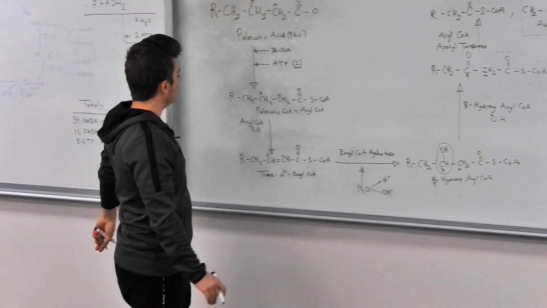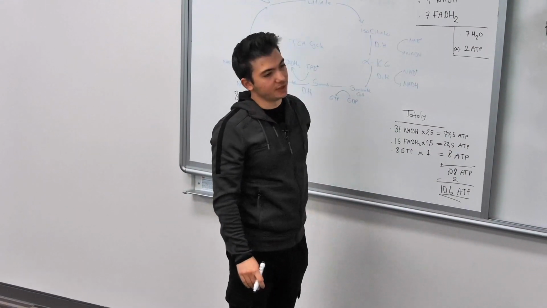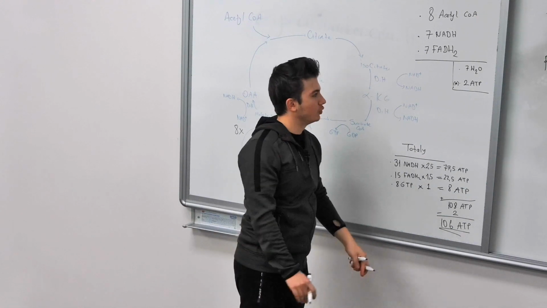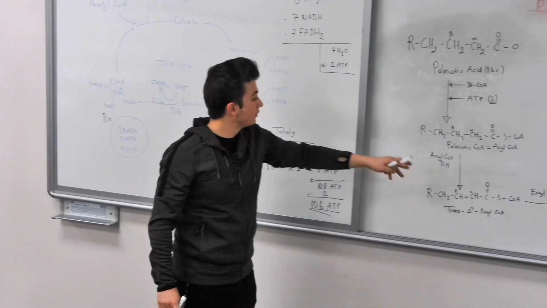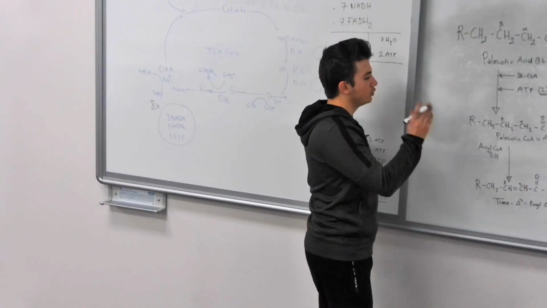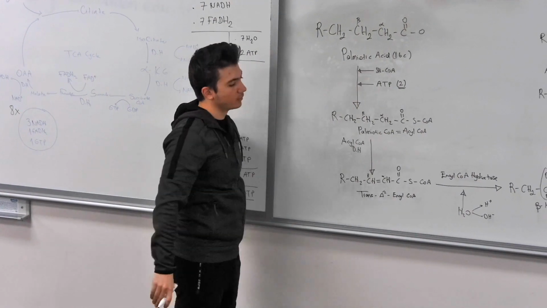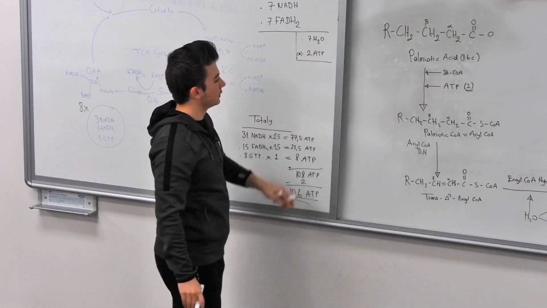So from the 7 rounds, I'm going to generate 7 NADH and 7 FADH2. But these are the important points: I used 7 water in all of this process, and I used 2 ATP to make this molecule activated. That is important, okay?